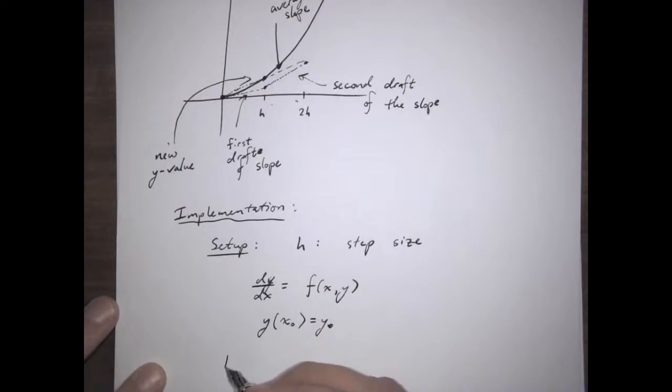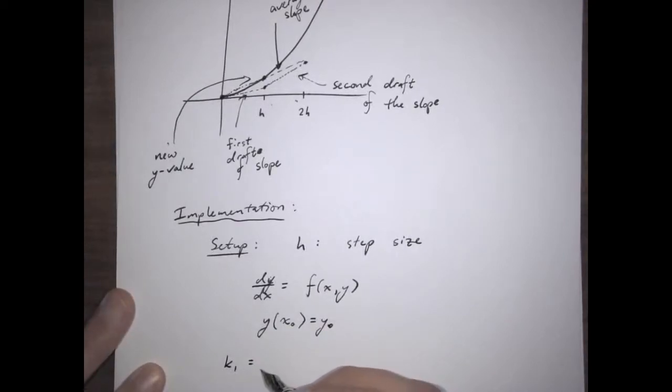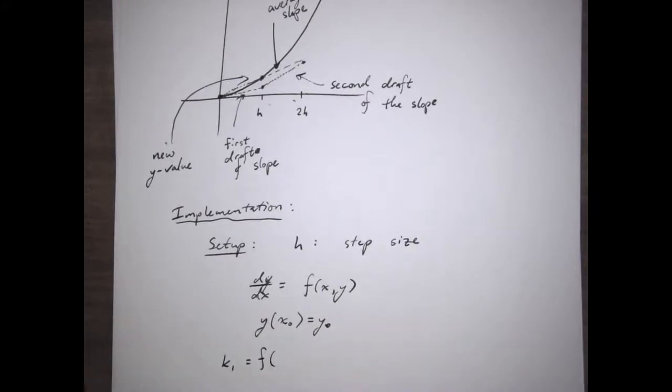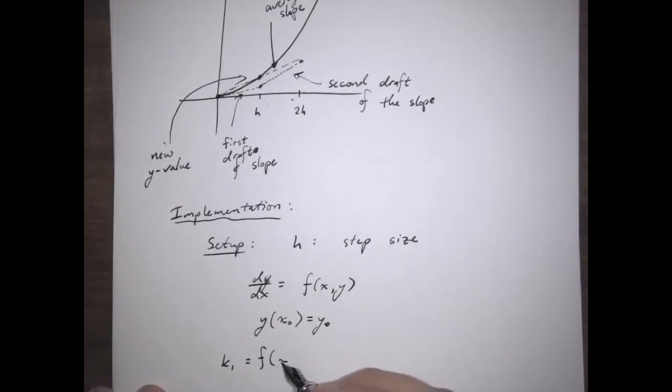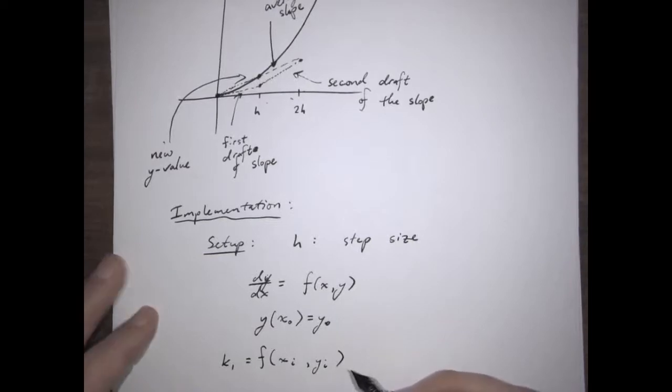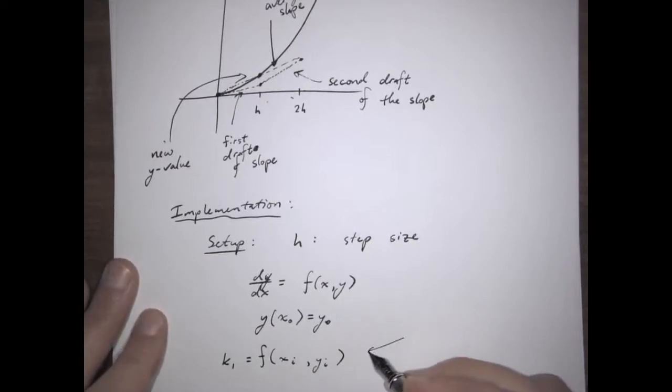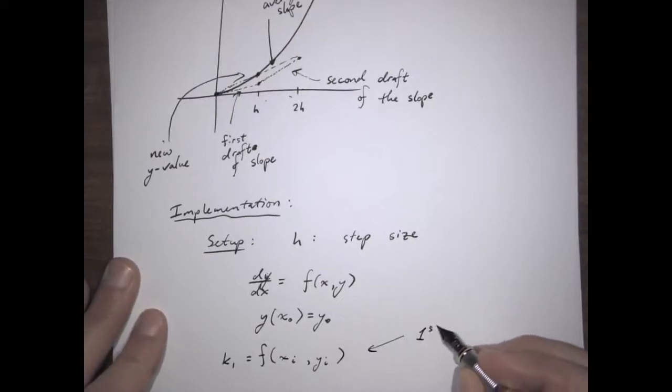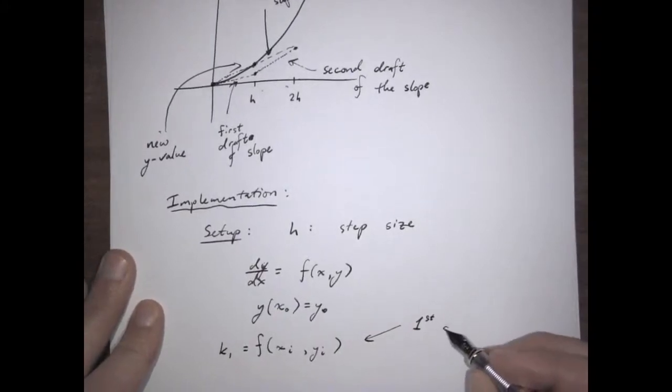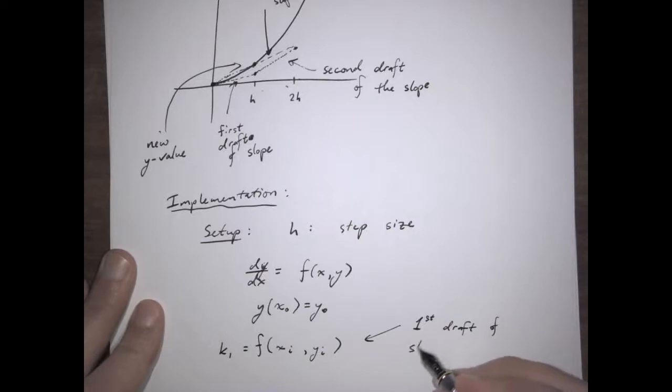Okay, so here are the pieces that we're going to be making here. So k1 is going to equal f of x_i, y_i. So this is like the first draft of slope.